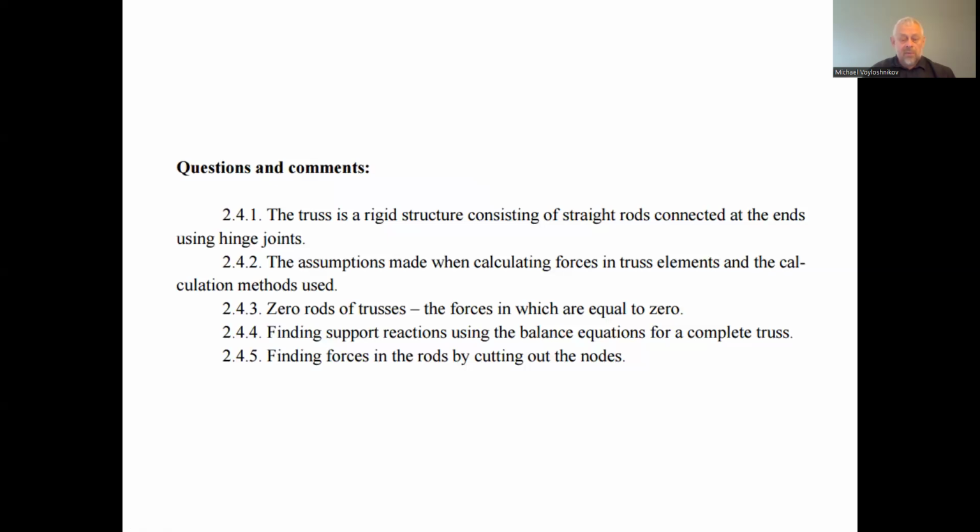We have to transform this to the equivalent loads acting on the nodes of the truss. The next assumption made when calculating forces in truss elements is the ideal property of hinges, with no gaps and no friction. Zero rods of trusses, the forces in which are equal to 0.